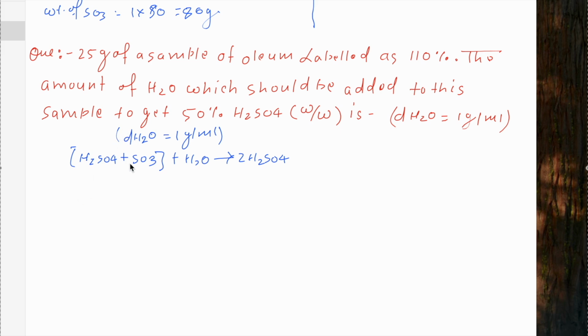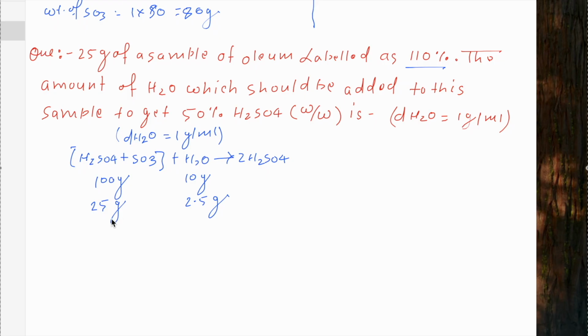Now see here, it was 100 gram and then it was 10 gram, because this is 110%, so it is 10 gram. Now you can say if it is 25 gram, then how much is this? 2.5 gram. Directly we can say by this equation.